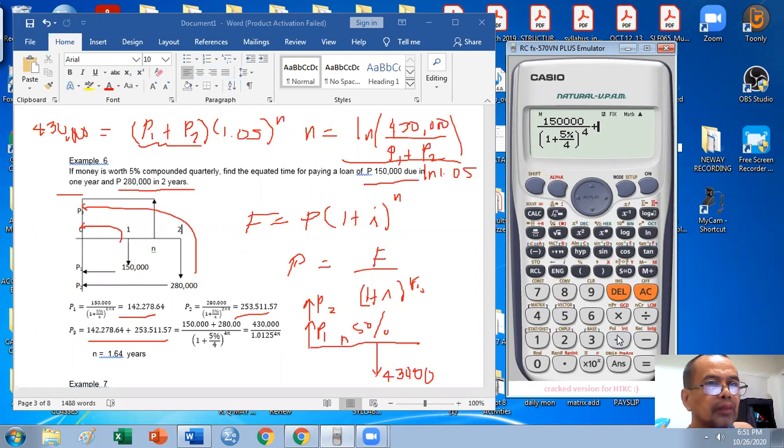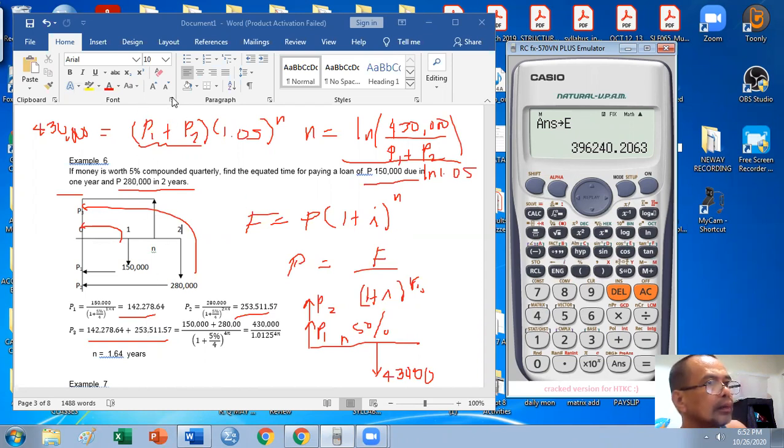Tapos kumpitin ko na yung isa din, 280,000 over 1 plus 5% divided by 4, that's 2 years, raised to the 8. Yan. Tapos store mo siya sa isang variable na lang, let's say E. So, this is stored into E.